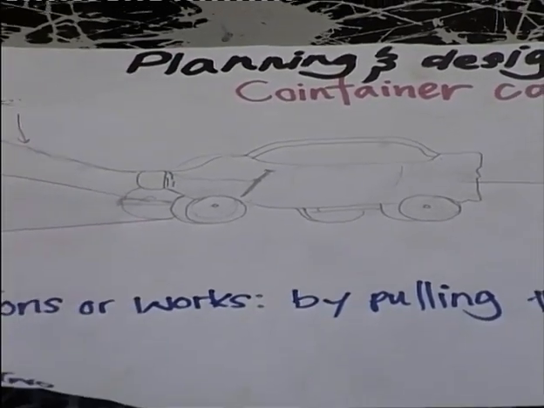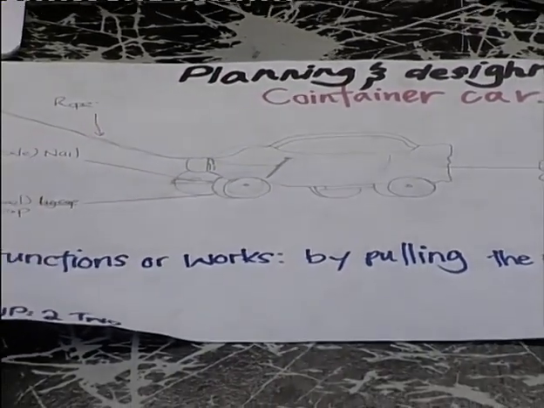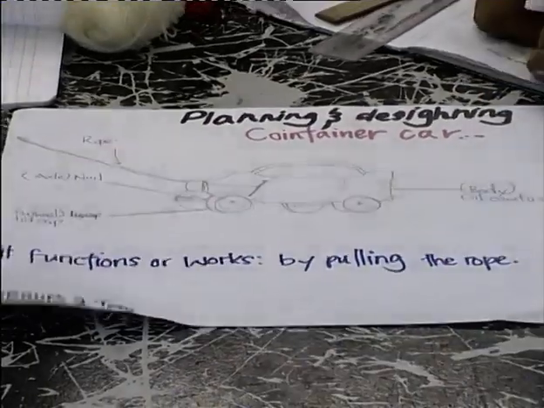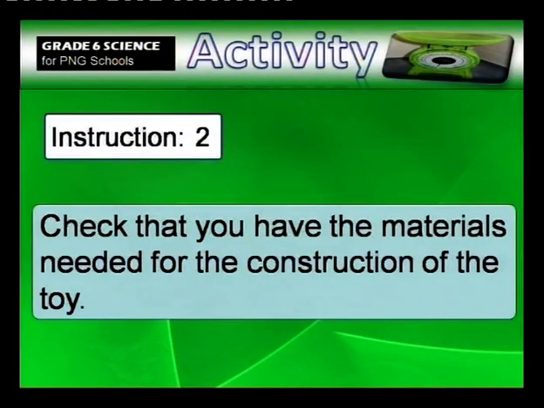After that, instruction number 2, check that you have the materials needed for the construction of the toy. So after studying the diagram of a simple toy, now you should check the necessary materials needed for the construction of the toy.